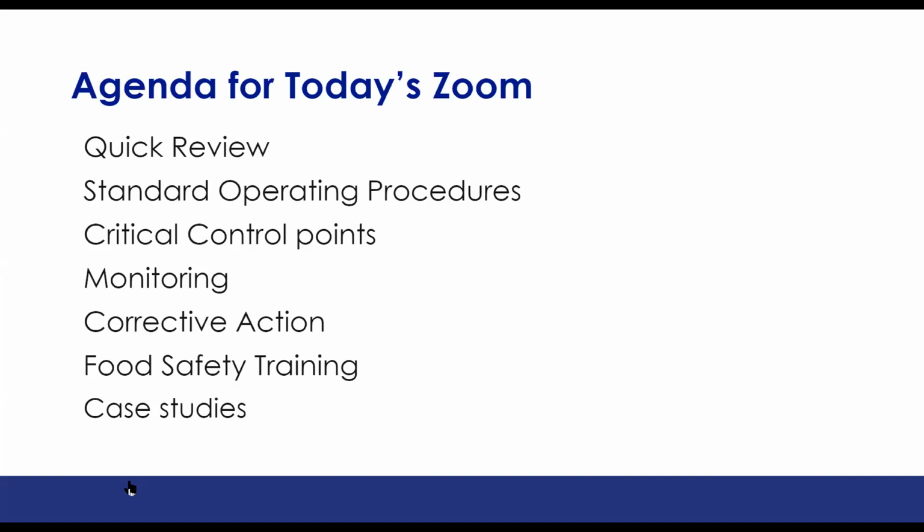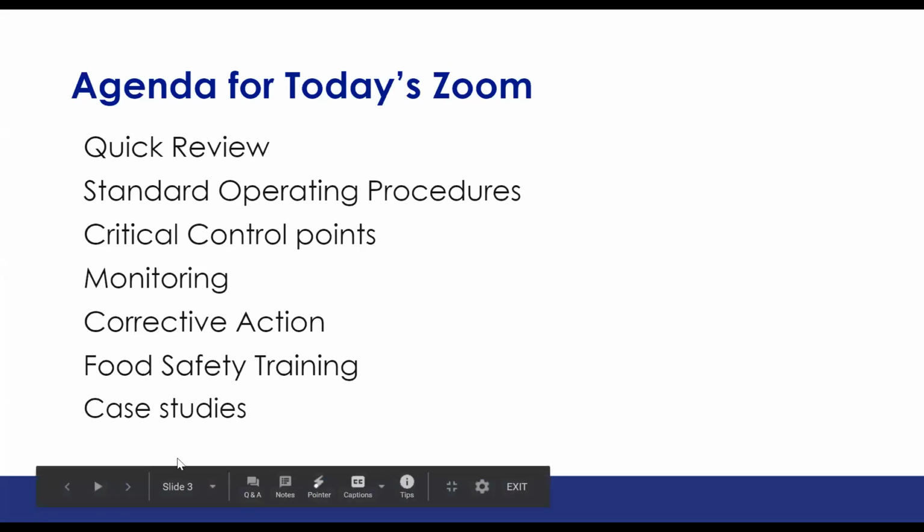You'll be breaking out into the chat rooms to do the case studies, and there's no special instructions other than I hope you printed them off. If not, I have a slide on that, and we can always put it into the chat box. So hopefully somebody in your group has it.